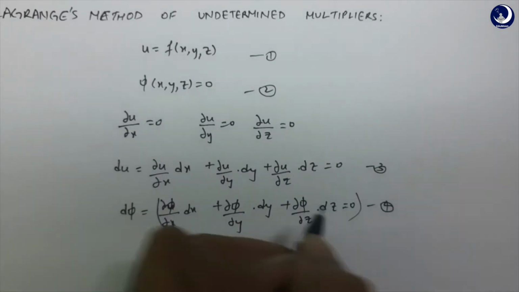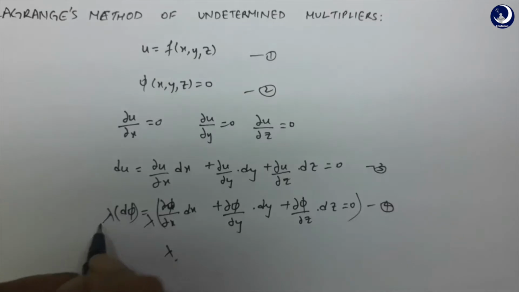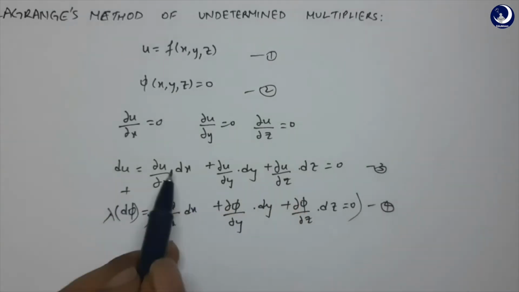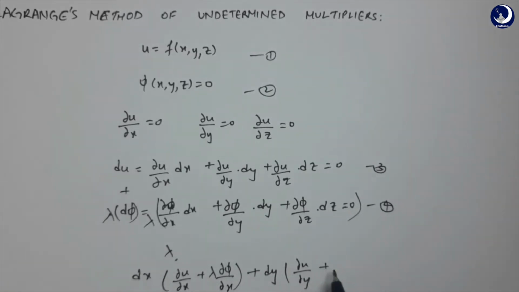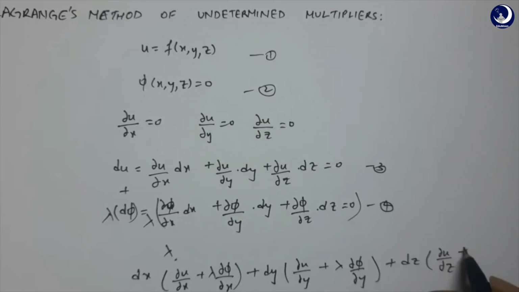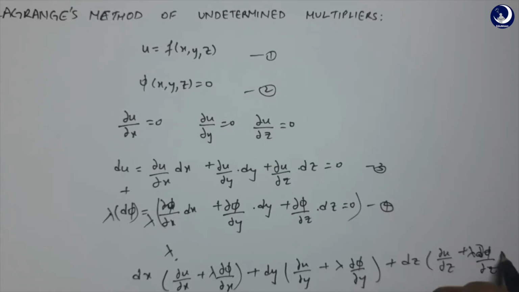So this whole thing you multiply with lambda and add equations 3 and 4. Take dx as common, so we get dx times dou u by dou x plus lambda dou phi by dou x, plus take dy common, dou u by dou y plus lambda dou phi by dou y, and dz times dou u by dou z plus lambda dou phi by dou z.